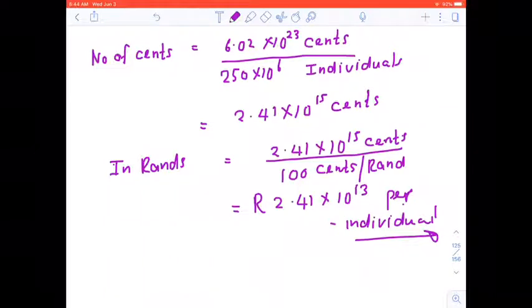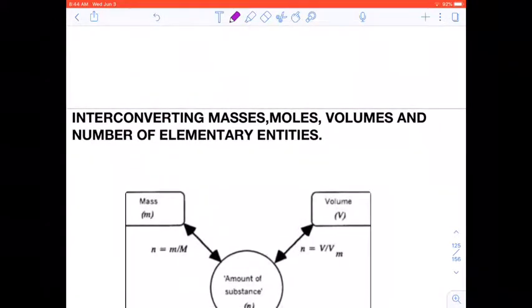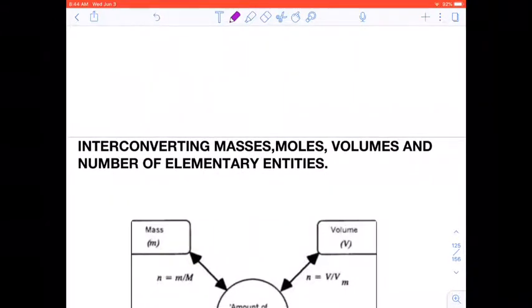Okay, so we have that now. Let's look at the next one. Now we're looking at interconverting, right? We're going to interconvert between masses, moles, volumes, and a number of elementary entities, right? And you need to know this, okay?